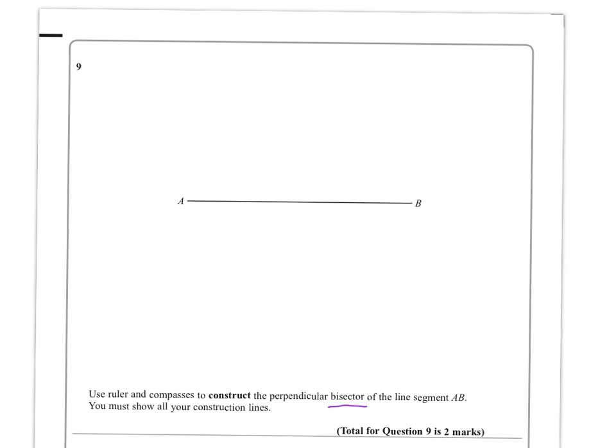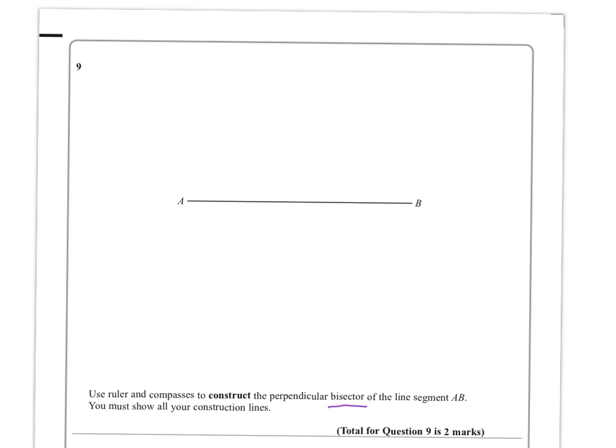We want it to cut it in half, and this is just by looking something of this nature. But how are we going to get that correct exactly and make the examiner believe that we have actually used a ruler and compasses? Well, here's how.